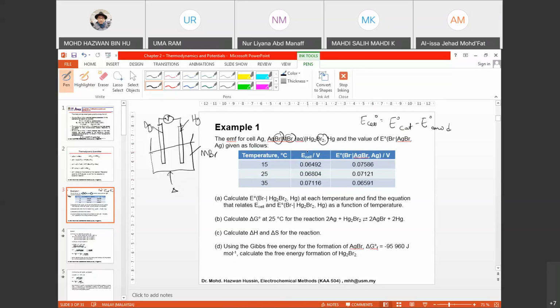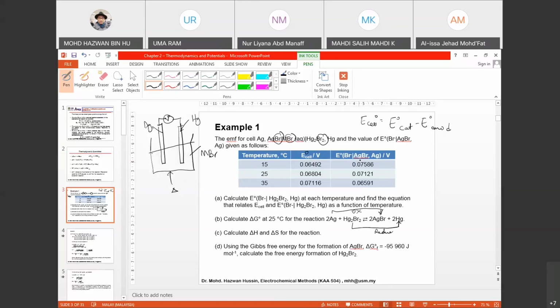I think I forgot to put naught. As you can see over here, for this kind of reaction, these two will experience oxidation, and these two will form reduction.